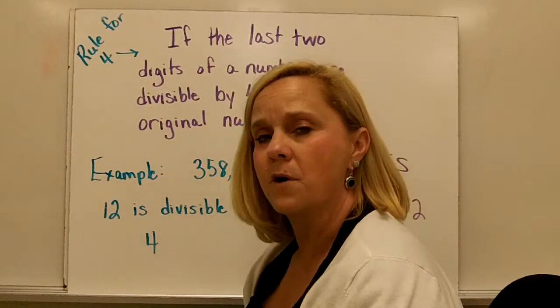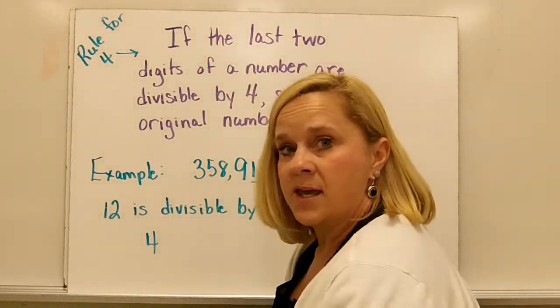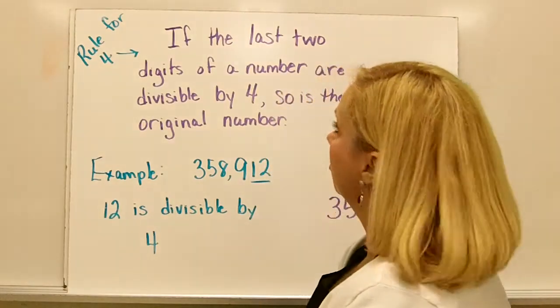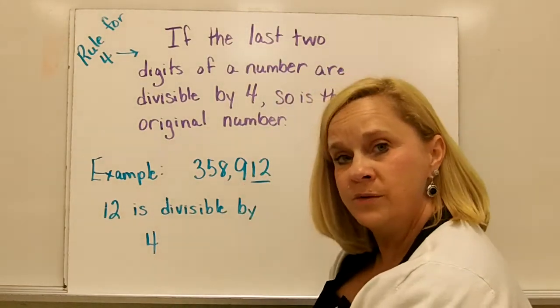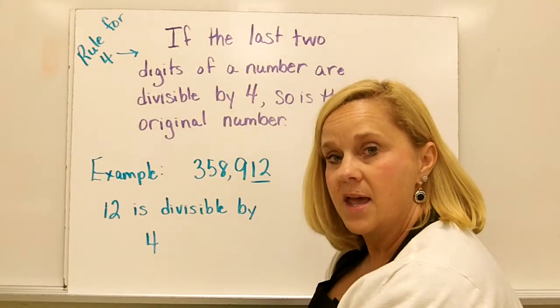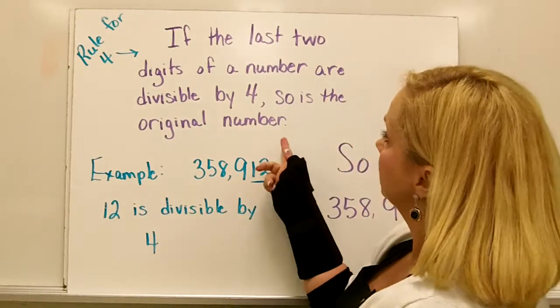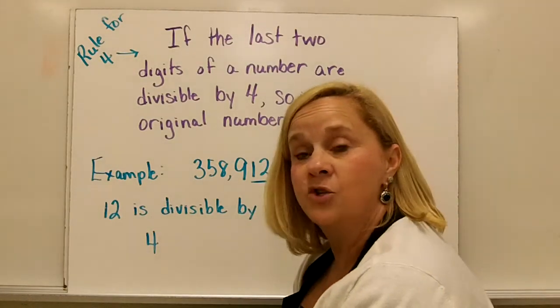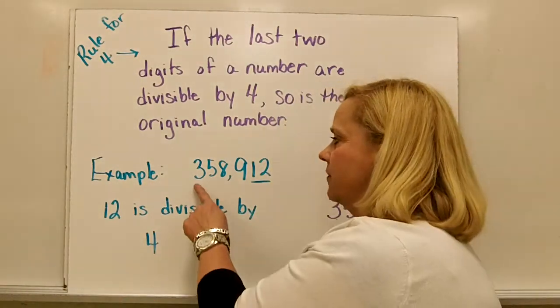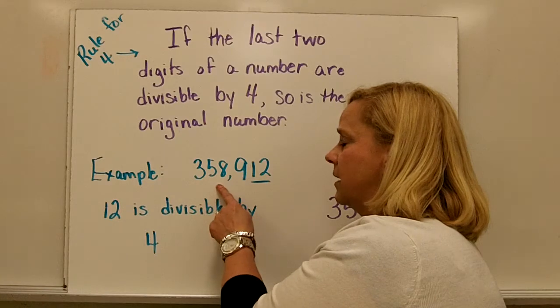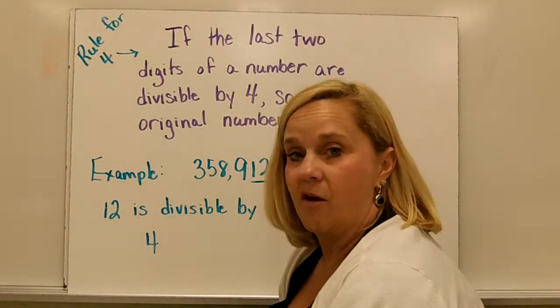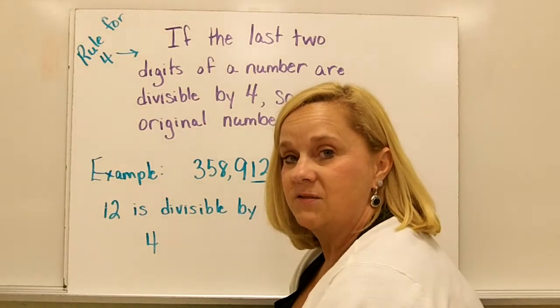Alright, our rule for 4. You can take any number, again, it doesn't matter how large or small, and look at the last 2 digits of that number. If those last 2 digits are divisible by 4, so is your original number. For example, if I have 358,912, I want to know if this number is divisible by 4.